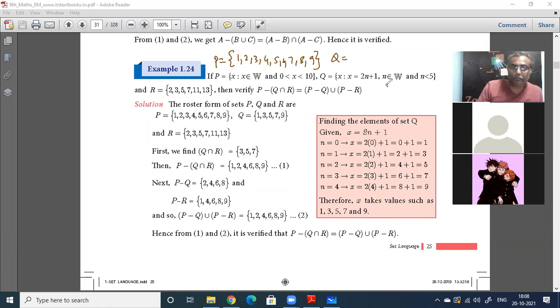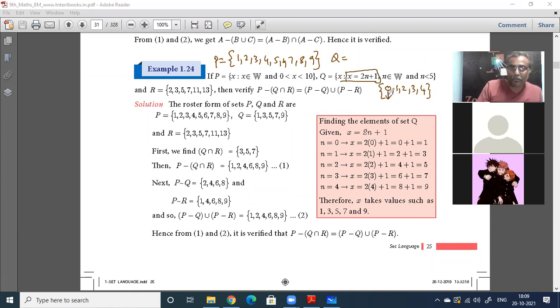N is a whole number less than 5. 0, 1, 2, 3, 4, uncle. Very good. Excellent. Now, this is not the set. N is a whole number, n is less than 5. But x is what? 2n plus 1.